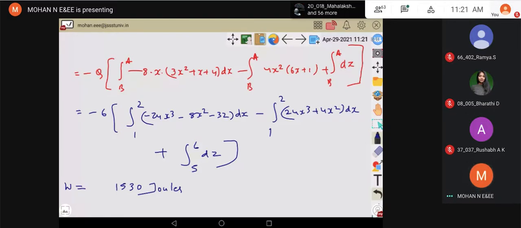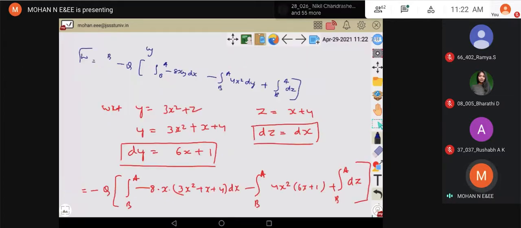So you need 1530 joules of energy to move the charge of 6 coulomb from B to A when the electric field is minus 8xy in the x direction, minus 4x squared in the y direction, and 1 unit in the z direction. Okay, so this is the work done in joules.